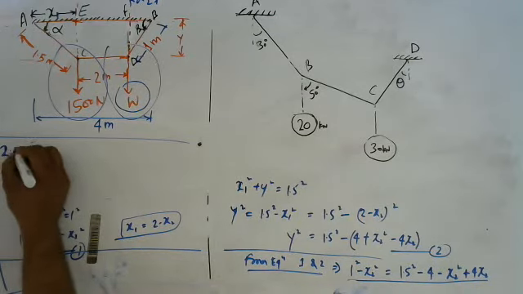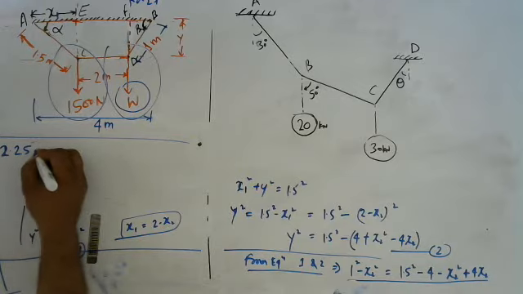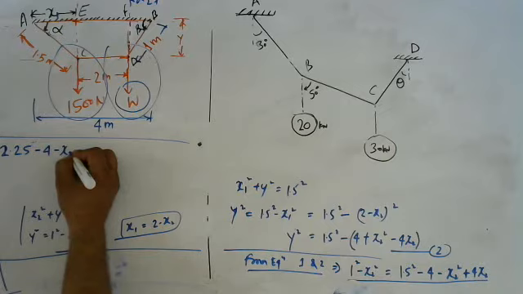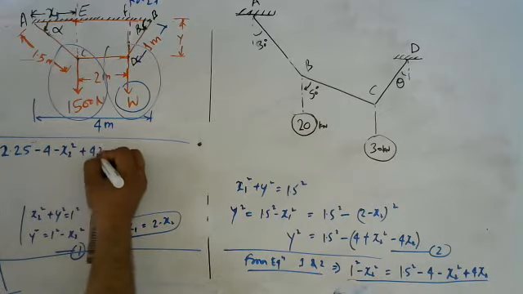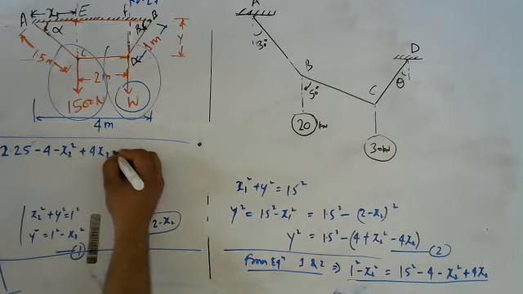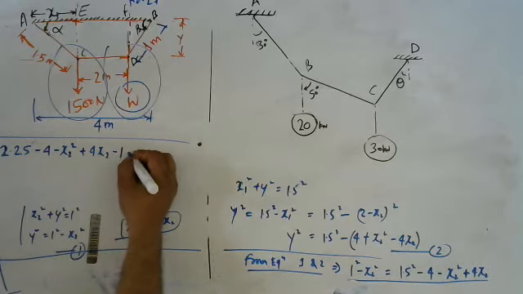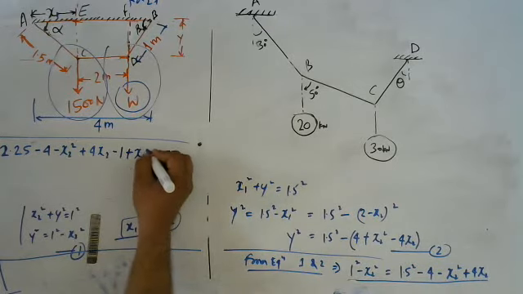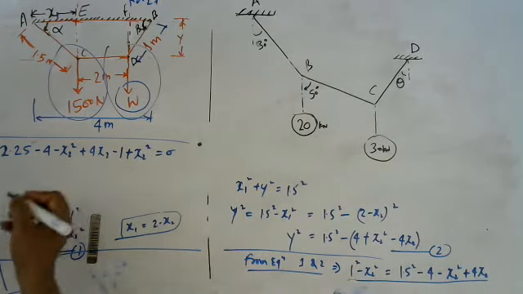1.5 square is 2.25 and minus 4 minus x2 square plus 4x2 and minus 1 plus x2 square is equal to 0.